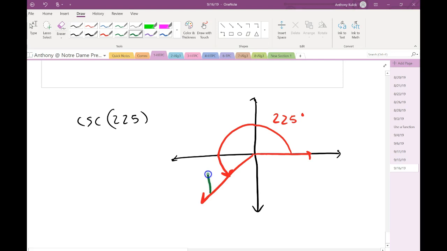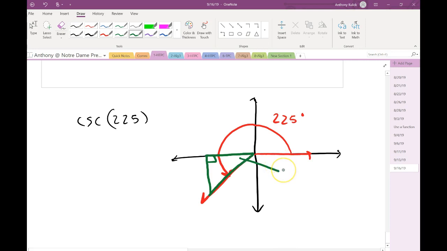I'll then create my right triangle by drawing back to the x-axis. And then I'm worried about what this angle measure is. What does that angle measure have to be, the one that I've drawn the line to?